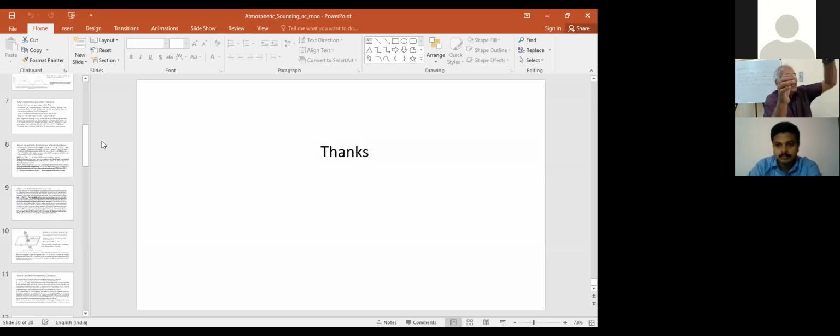Then whatever is received in the satellite in this wavelength interval comes only from the surface, radiated by the surface.